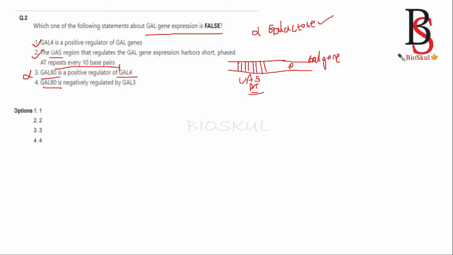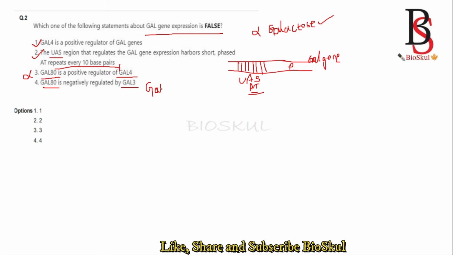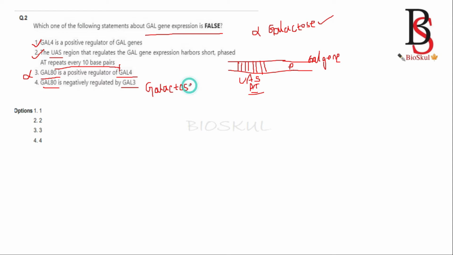Option 4, GAL80 is negatively regulated by GAL3. Yes, if in the medium galactose is present, then galactose along with the GAL3 will bind to the GAL4, and it will induce the transcription of GAL4 gene by inhibiting or negatively regulating the GAL80.